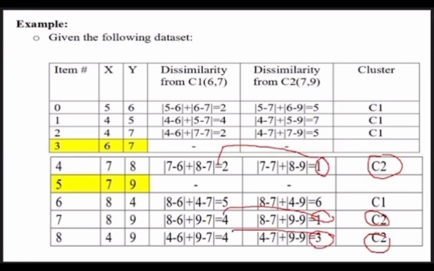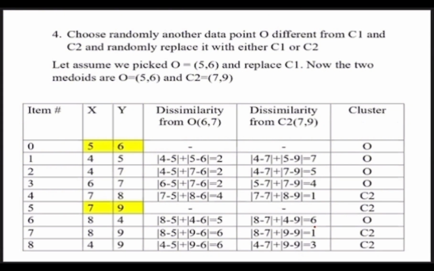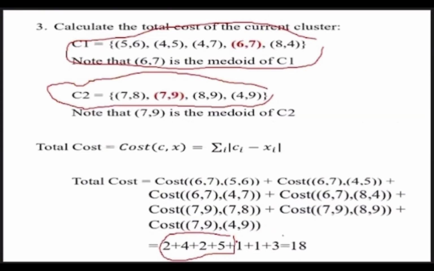Because of that, I'm going to have 1, 1, 3, right? 1, 1, 3. That was how you got this one.